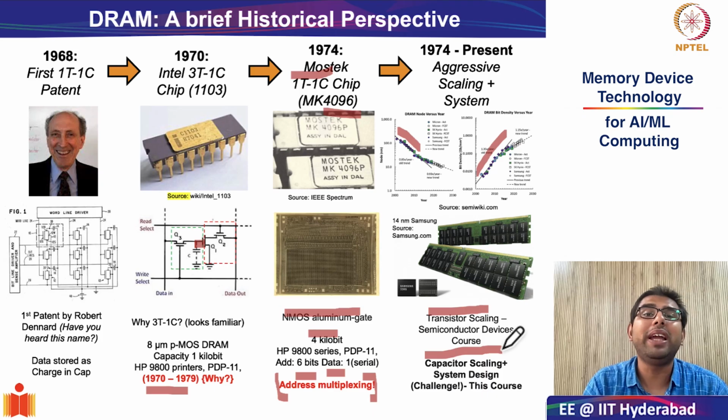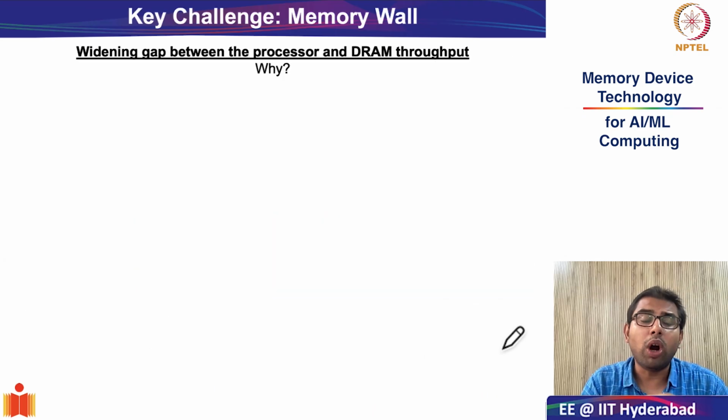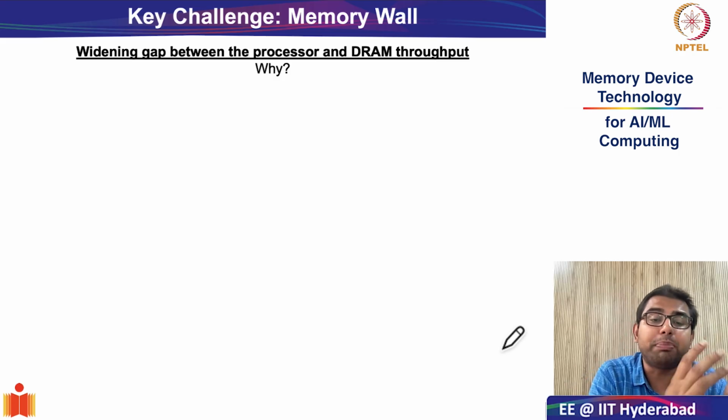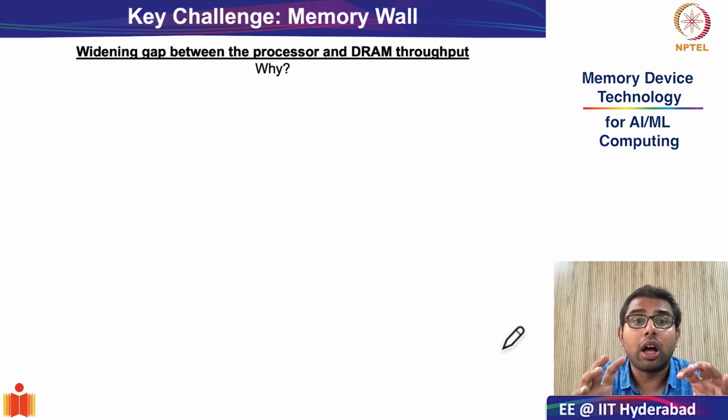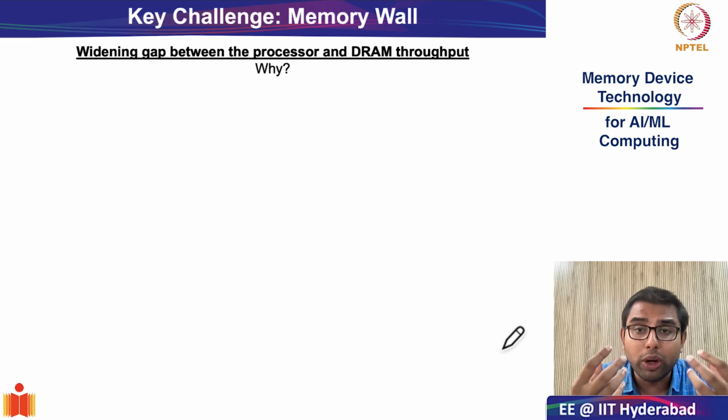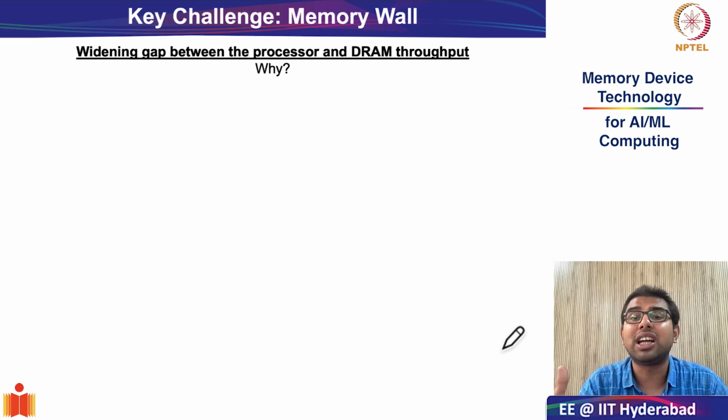Why has all this been important? What has been the key challenge in the interfacing of the CPU subsystem with the main memory? This is what we will discuss, and this will give you the importance of why the subsystem architecture of the DRAM cell is also very important and probably one of the most contributing factors of why we have such successful integration of DRAM as the main memory.